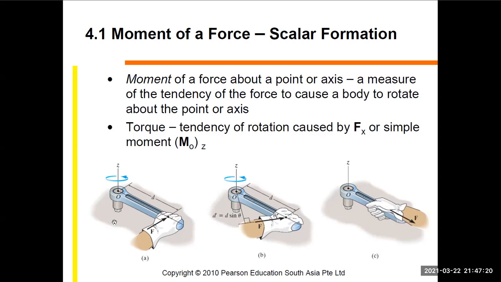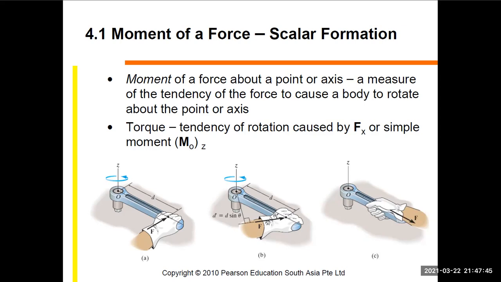It might not rotate, but there's a tendency to rotation. So torque is the tendency of rotation caused by a force Fx, or simple moment about point O in the Z direction. So إذا بنطلع هون moment perpendicular على distance. So this will cause a moment مقدارها F times perpendicular distance.